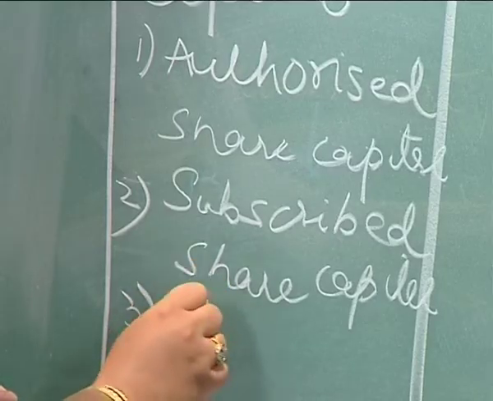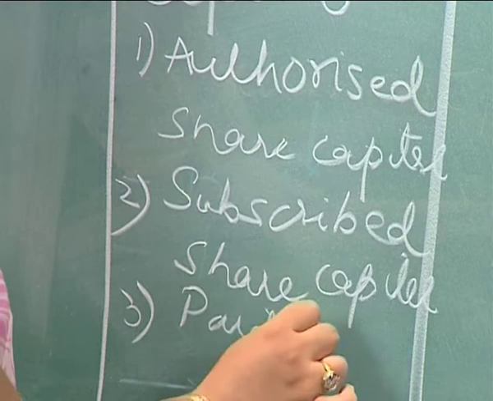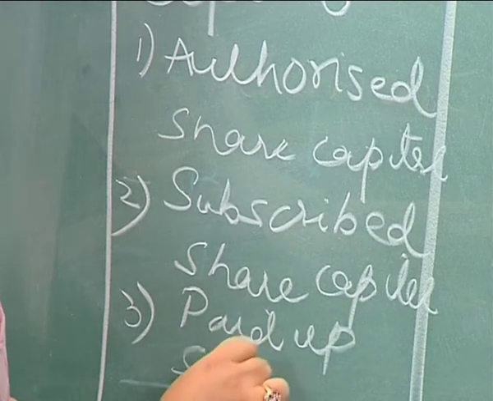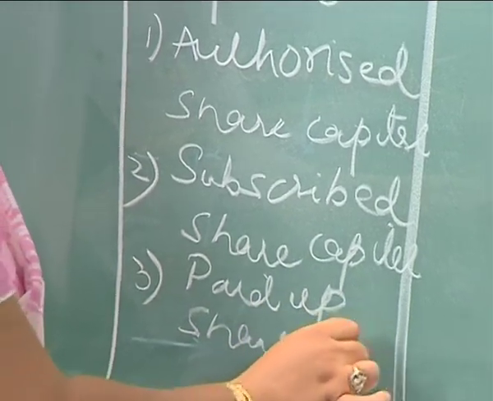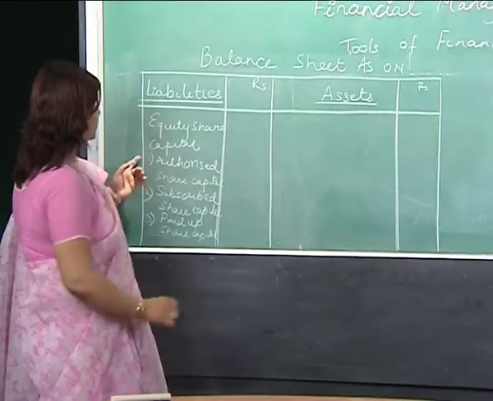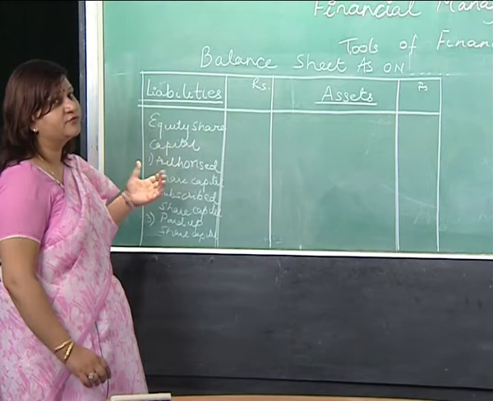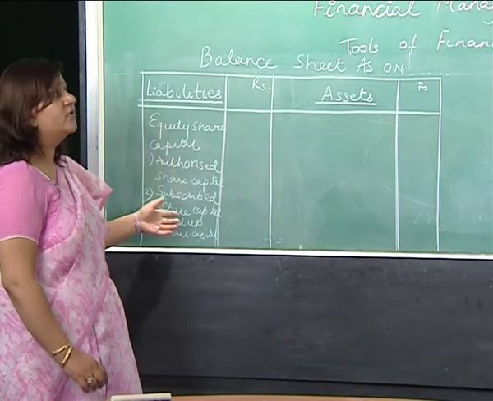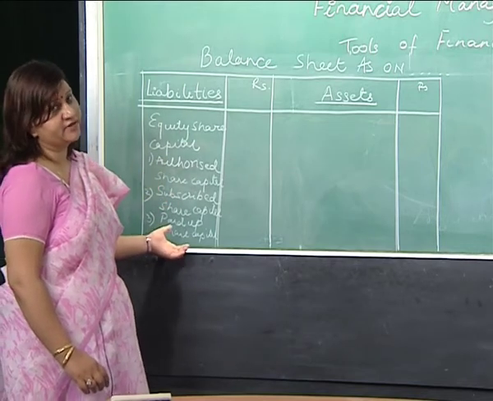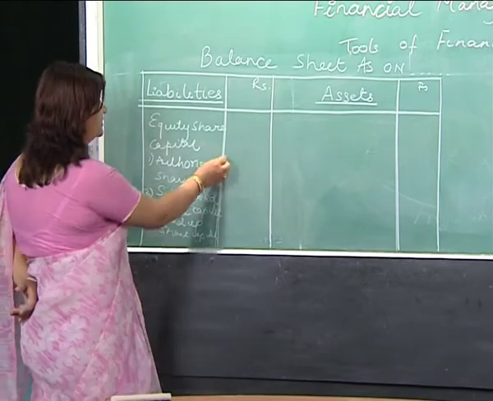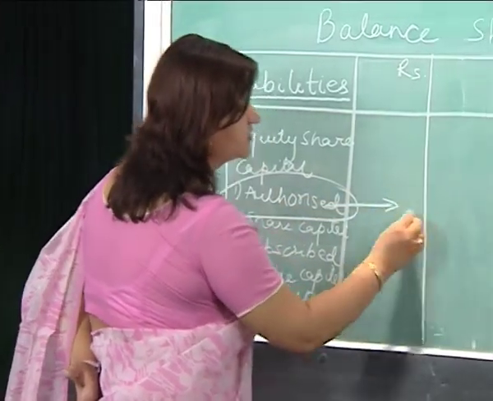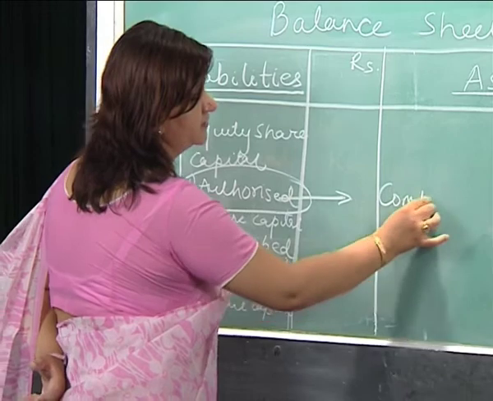And third one will be paid up share capital. So these are the three types of capital which we have right now analyzed about these various types of capital. This is the capital with which the company is registered.